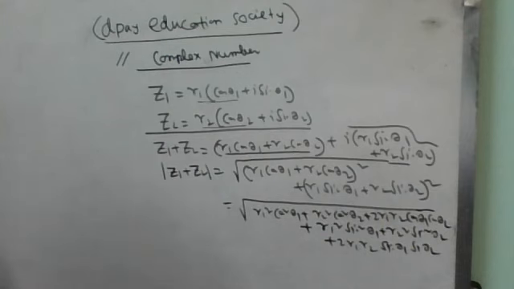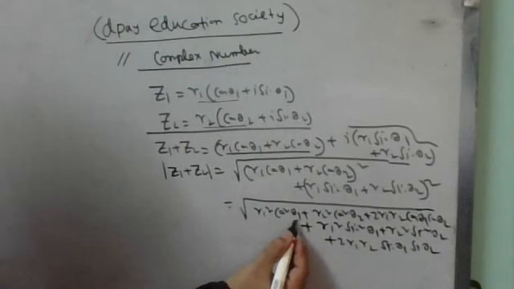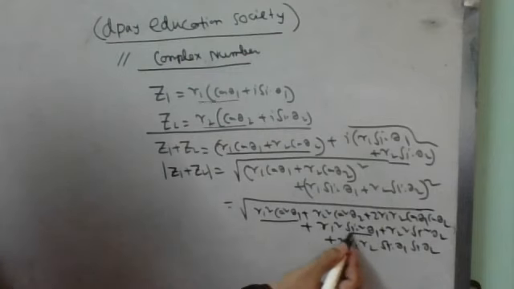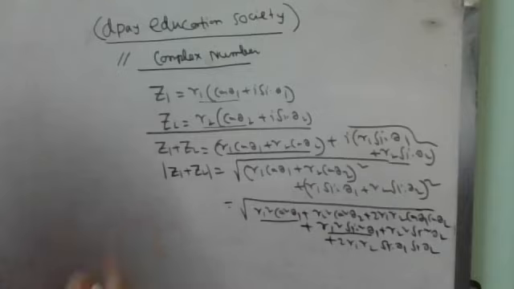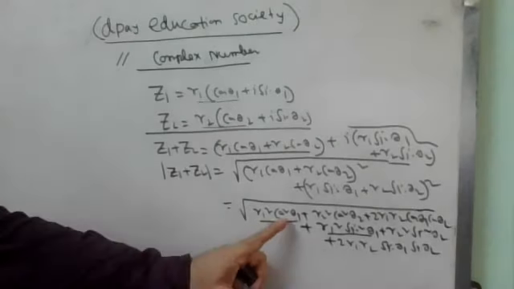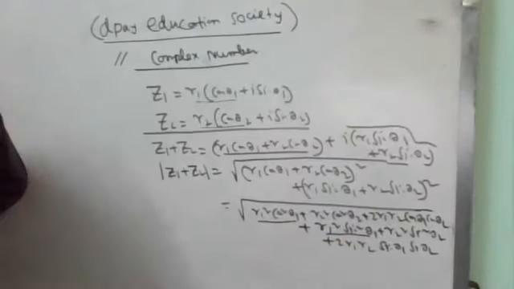So you have to club the terms now in a proper way. See, if I take this and this part in a bracket, that will give you only r1². Why? cos² theta1 + sin² theta1 is 1.